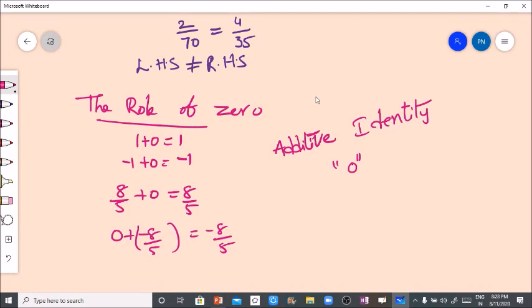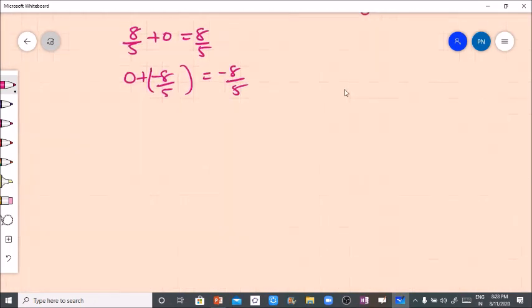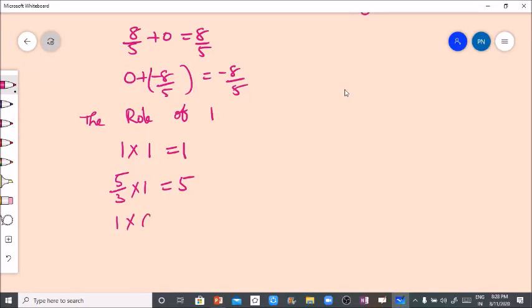Okay, children? Right. And next, the role of 1. This is identity property. Okay, if we multiply any number with 1, we get the same number. 5 by 3 into 1 is 5 by 3. 1 into minus 100 is minus 100. 1 into minus 3 by 5 is minus 3 by 5.